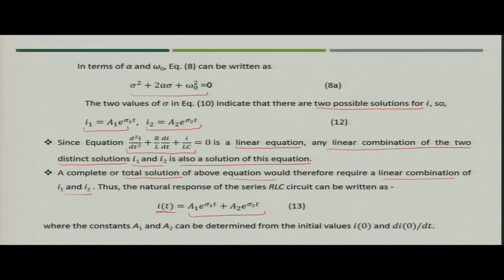This would be the total solution of the second order equation related to our series RLC circuit. Here A1 and A2 are constants which you can determine with the help of I at time t equal to 0 and dI by dt at time t equal to 0, and these values we already have in our hand.